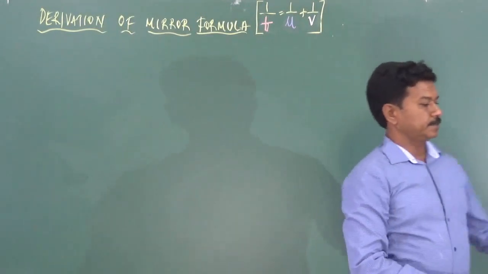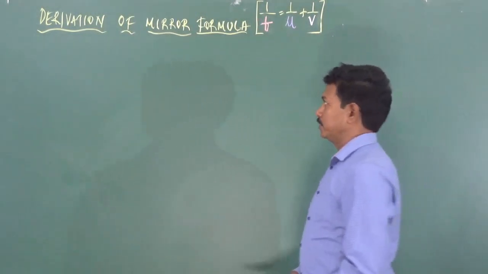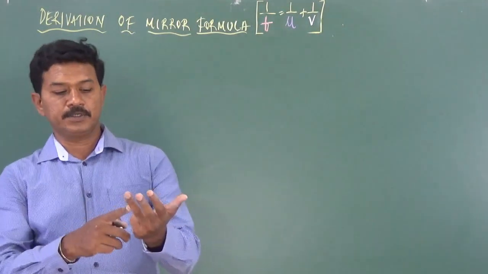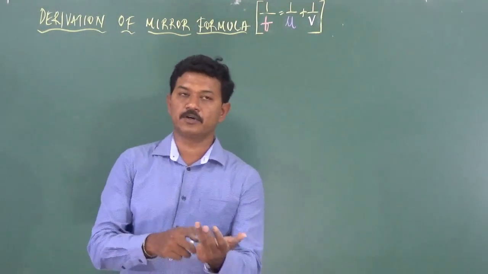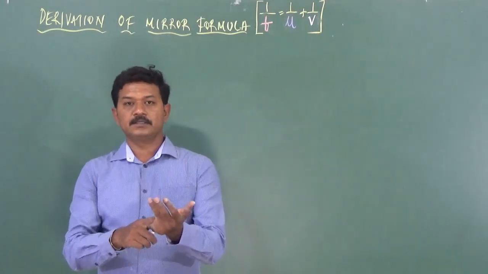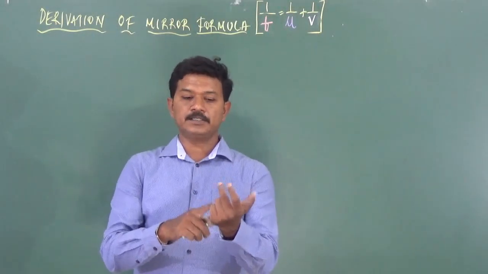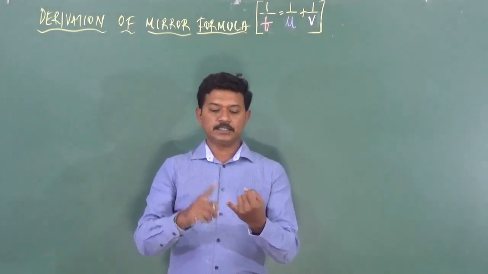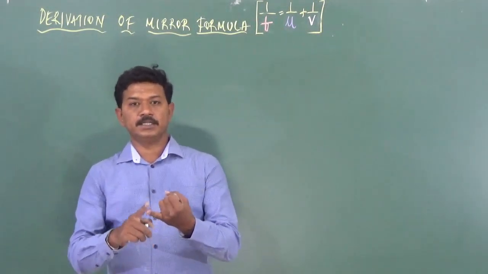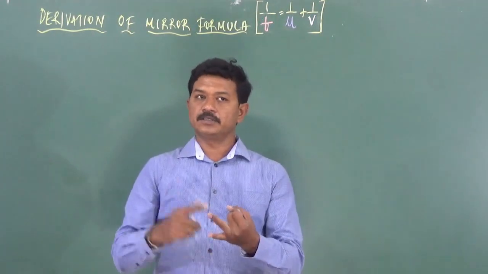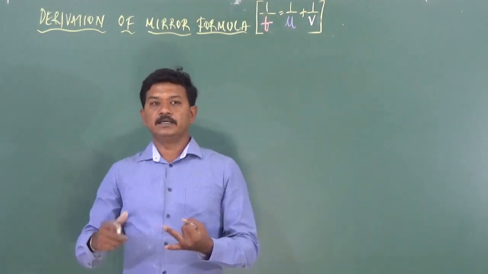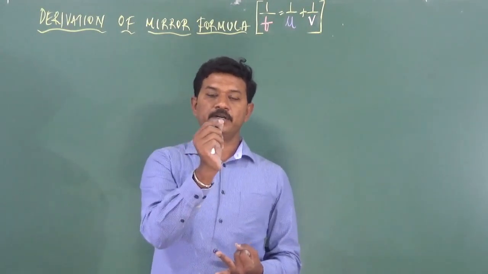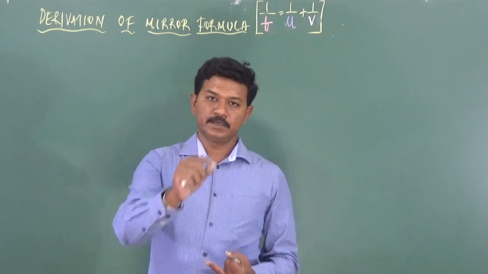So in today's concept, I am going to derive a formula which gives a relationship between the distance of the object from the mirror, the distance of the image from the mirror, and the focal length. The distance of the object from the mirror is indicated by u, the distance of the image from the mirror is indicated by v. According to the sign conventions you have discussed, the focal length is the distance between the pole and the principal focus, the point where all the light rays meet after reflection.